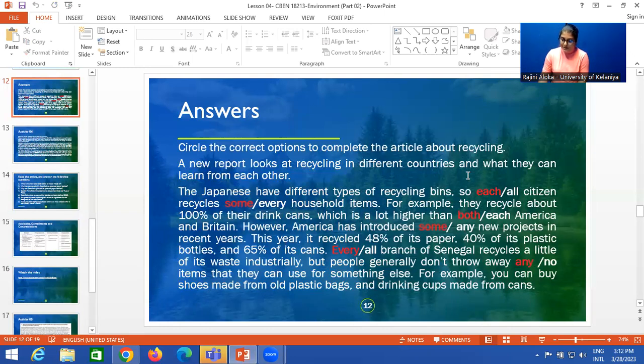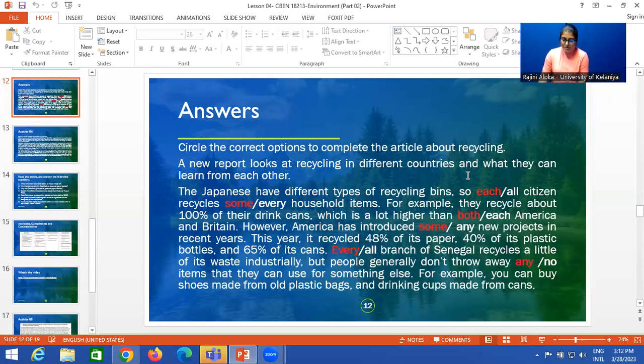For example, they recycle about 100% of their drink cans, which is a lot higher than both America and Britain. However, America has introduced some new projects in recent years. This year, it recycled 48% of its paper, 40% of its plastic bottles, and 65% of its cans.